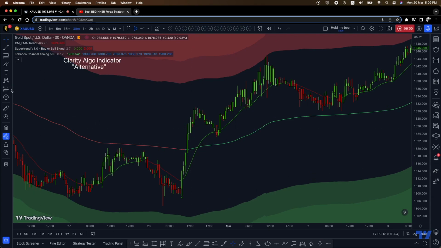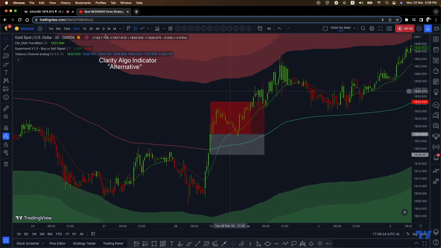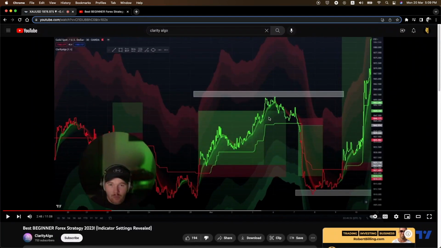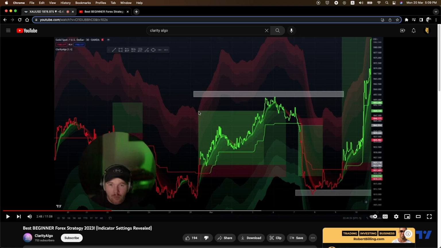So literally, what he did, he entered as soon as that candle closed, and he placed a stop here, and then he was aiming. It looks like, it's sort of weird, but it looks like he got in when the market was touching. Let's see.